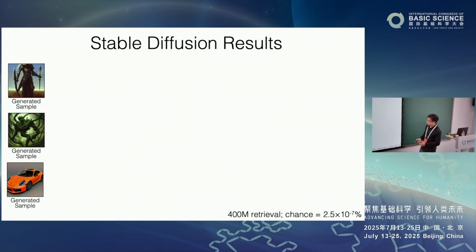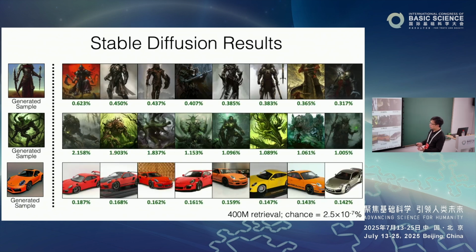For example, this one, I don't know what it is. It looks like a kind of tree, monster, devil or something like that. It looks like a very Gen AI image, very creative, whatever. But as a result, it turns out there are actually lots of similar images in the training set.